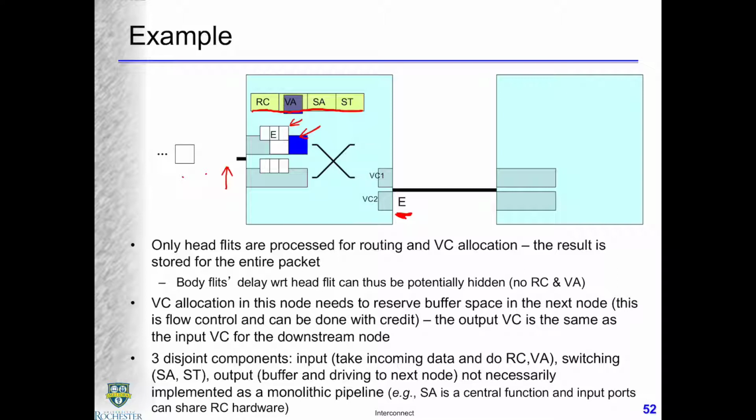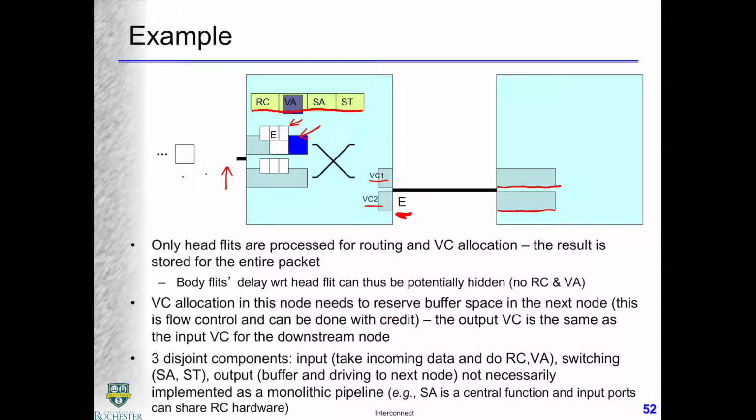Then we have to allocate which virtual channel. Pretend we have two VCs, VC1 and VC2, and they're associated with two sets of buffers. So you have to decide which one you want to choose. Not the least of which you need to know is which channel has capacity for you. And let's say we decide it's VC2. That's the virtual channel that we're going to use.